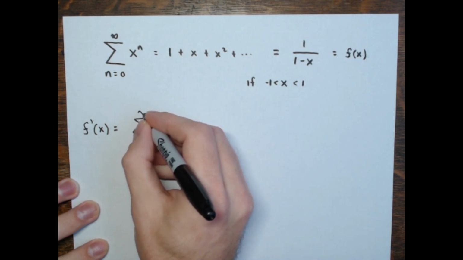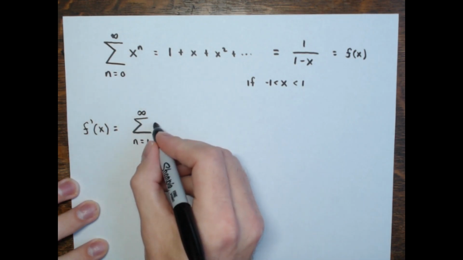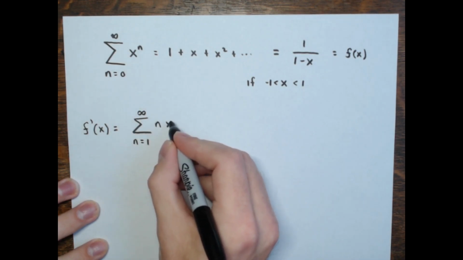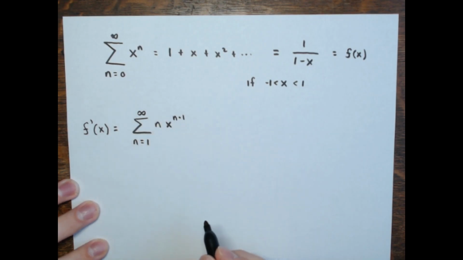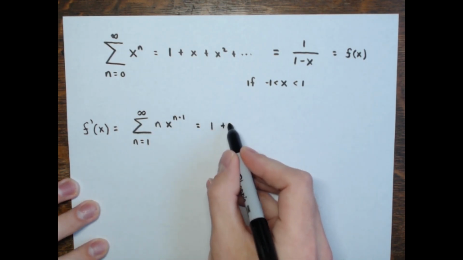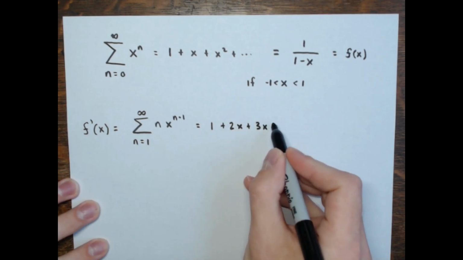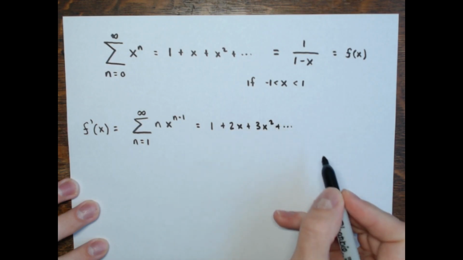So the sum from n equals 1 to infinity of, and then every single thing would be n times x to the n minus 1 power. Right, that would be 1 plus 2x plus 3x squared, and so on.